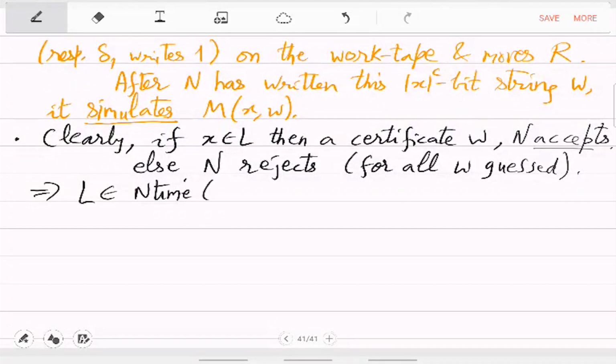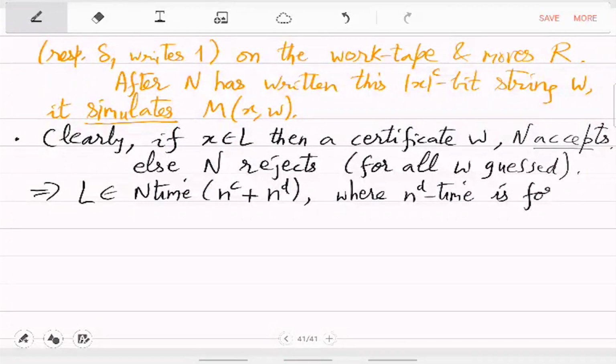Initially there were these n to the c many steps to guess w, and then on that it was n to the d time, where n to the d time is for simulating M on xw.